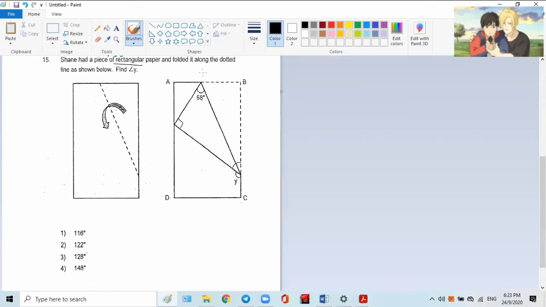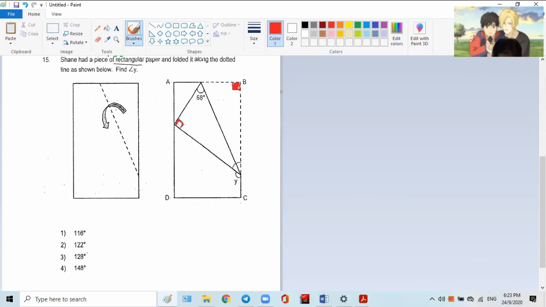Okay, never mind. Shane has a piece of rectangular paper and he folded along the dotted line. Look. Now this corner here is 90 degrees, right? Because a rectangle has 90 degree corners. The corner is folded into here. Can you see now?